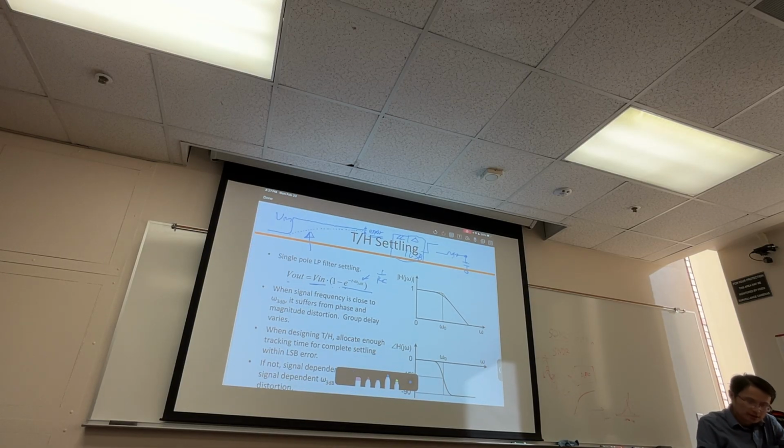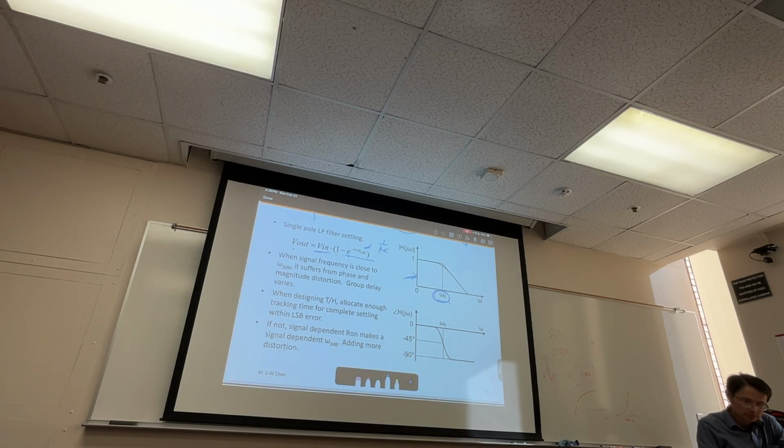All right. This is a frequency spectrum of that track and hold circuit. I think we talked about this, right? So you do have a corner frequency right here, which is a pole frequency, so that's 1 over RC. And not just the frequency matters for the settling. Be careful about the group delay, right? Because when you are getting close to the corner frequency, you're gonna have a phase shift.